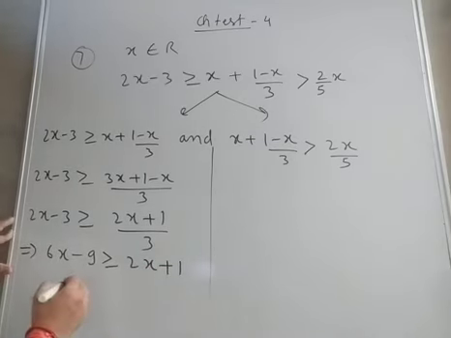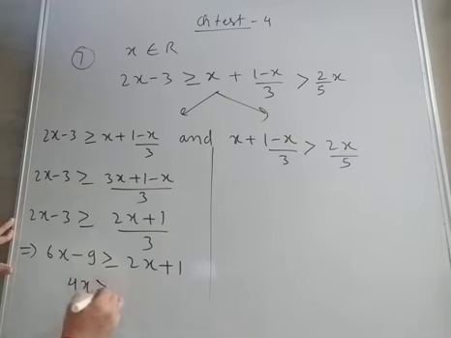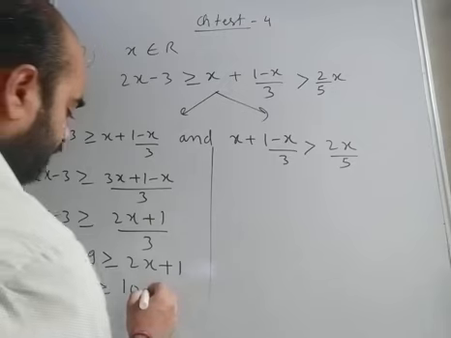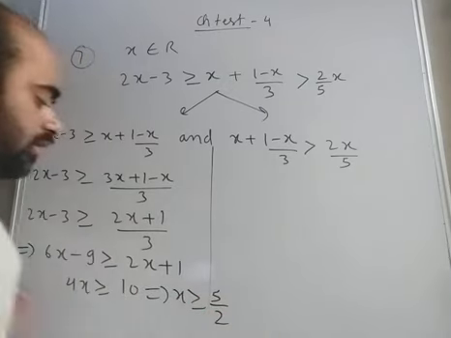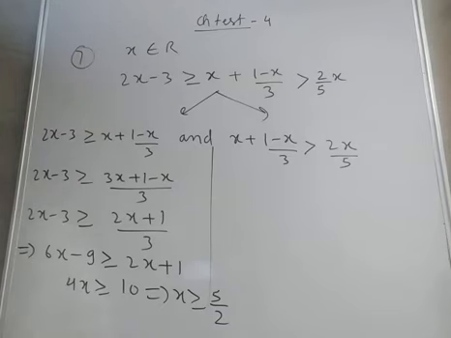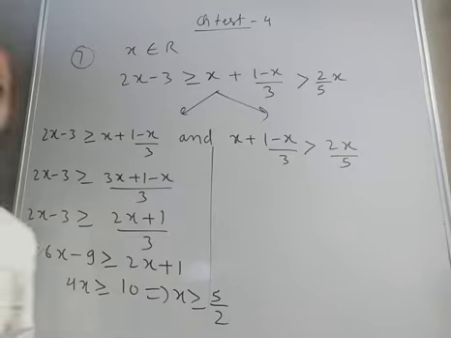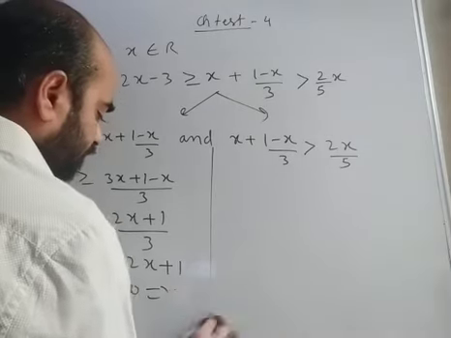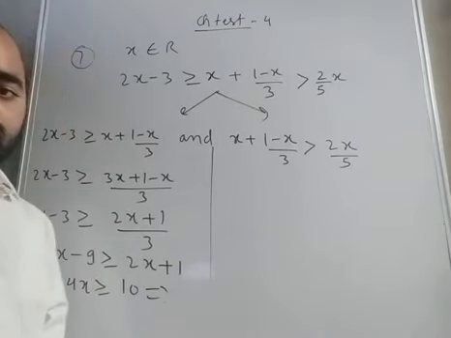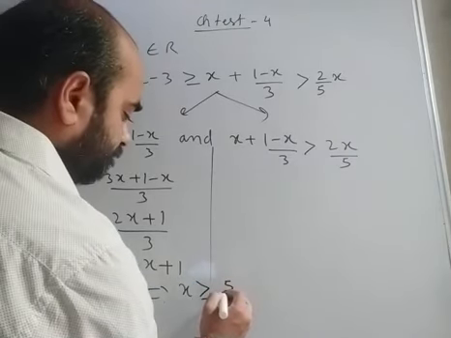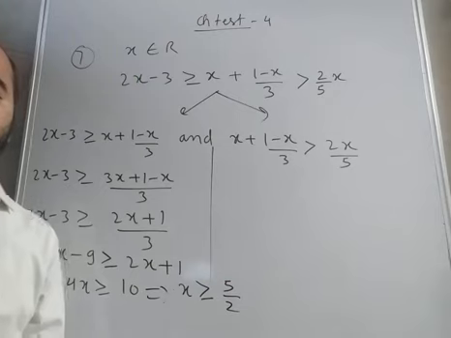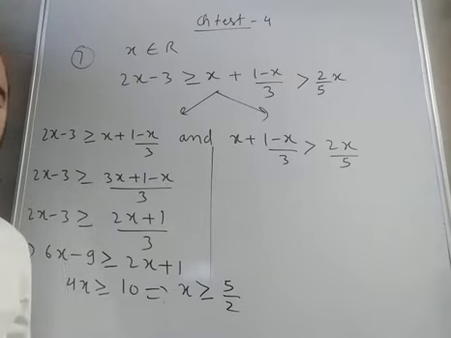Now transpose, that will come 4x greater than or equal to 10. Correct? It means x is greater than or equal to 5 upon 2. This is the first part. Solution of the first part: x is greater than or equal to 5 upon 2.